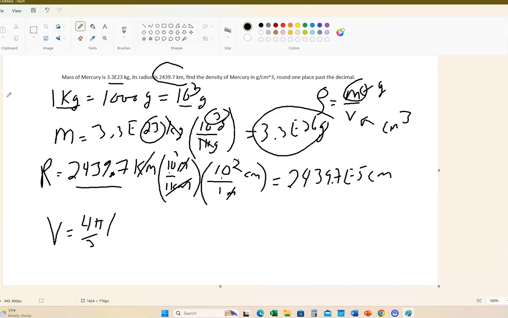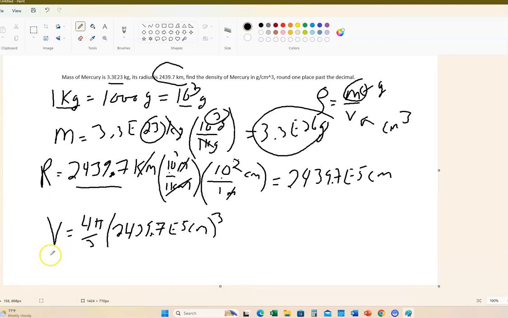And this is the radius that we just figured out, 2439.7 E5, sorry, I saw that 5 and got confused, and of course that's centimeters. Then you raise that to the third power.